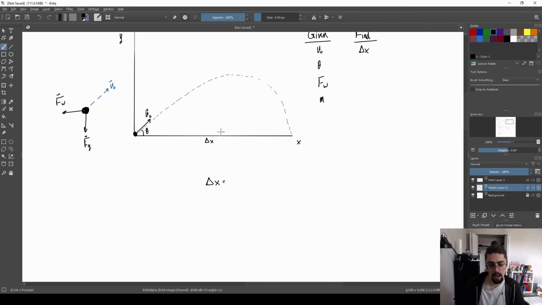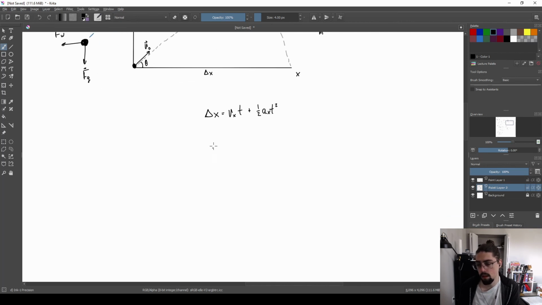Do I want to think about time or do I want to think about the final velocity? I've run into a little bit of an issue here, in that I don't necessarily know what my final velocity is. Let me write out both of these. In either case we're looking for delta x, but in the first case we would take our initial v of x times t plus 1/2 a of x t squared.